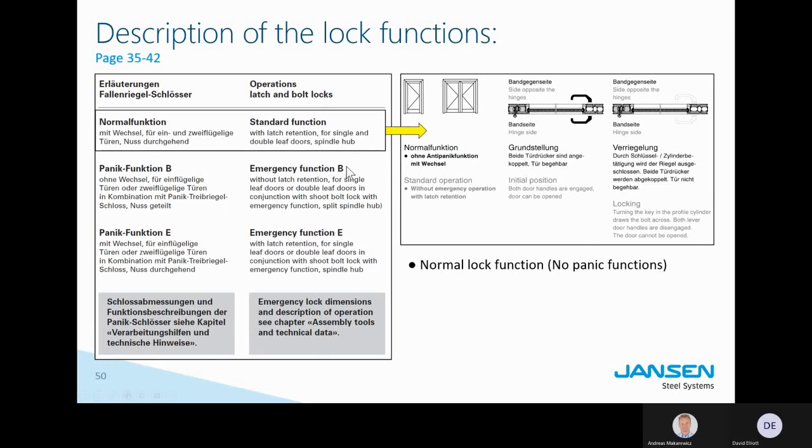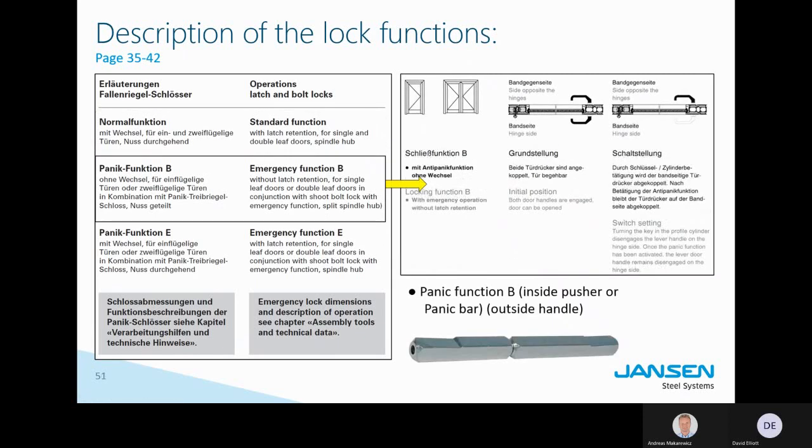Besides that, most of our locks also cover the emergency or the panic function B. Panic function B means you have handles on both sides. You have a divided splint, you call it. I don't know what it's called, this element in the lock. It's divided.